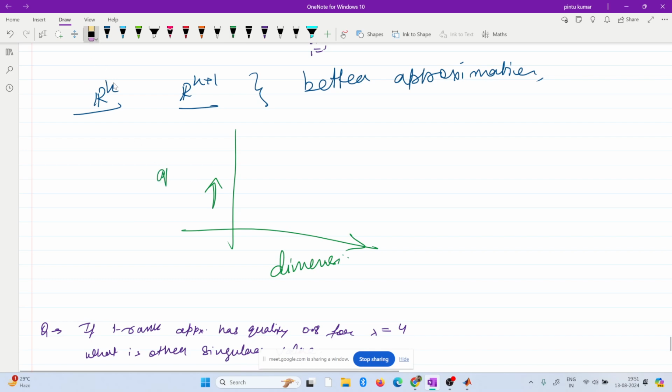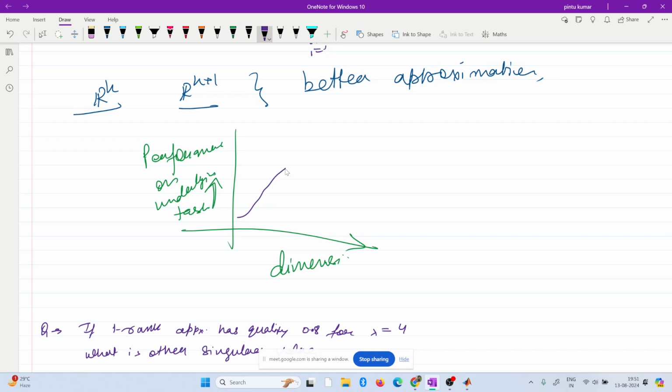I won't say quality, but some performance on the underlying task, let's say classification. The quality increased, and after some point it started decreasing, and this point was much lesser than n. So we were not reaching the dimension that we were allowed to go to.